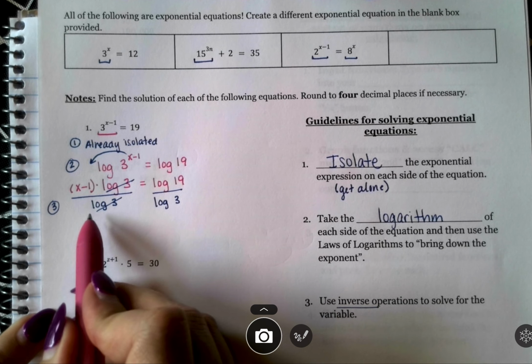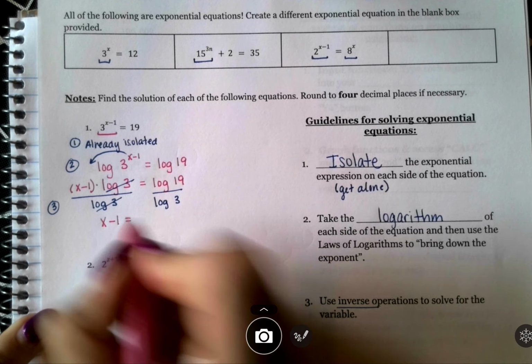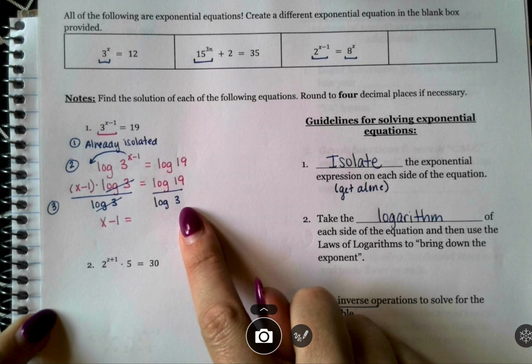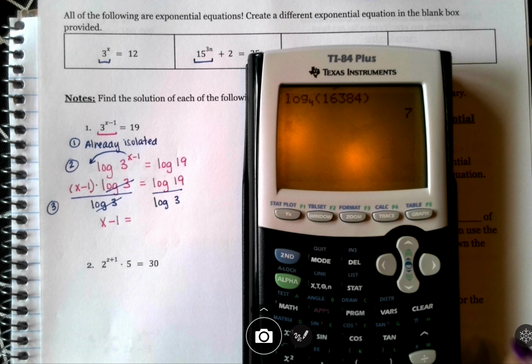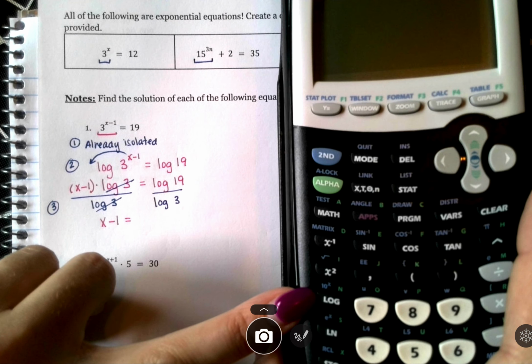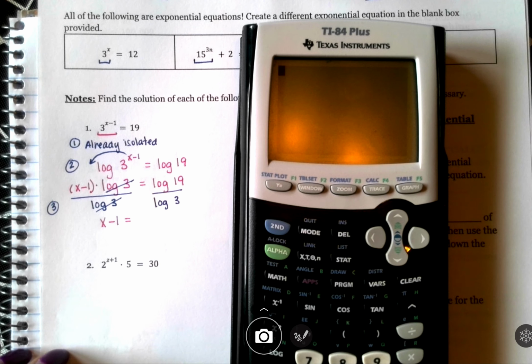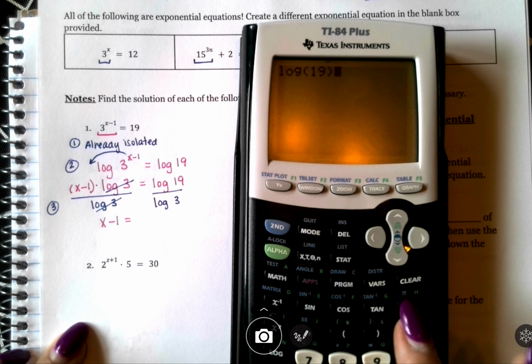So on the left side of my equation, these cancel. I'm left with x minus 1. And then log of 19 divided by log of 3, we're definitely going to use our calculator. So in my calculator, since it's a common base 10, I'm going to use my log button that's next to my number 7. So log of 19, make sure to close your parentheses after the 19, and then divided by log of 3.